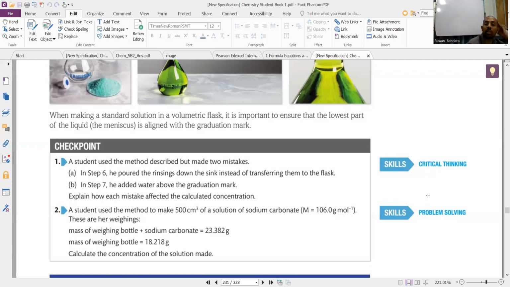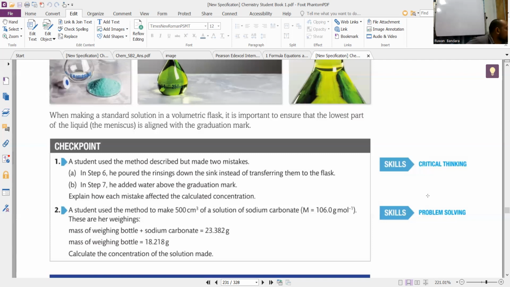What is the concentration of the solution made, based on these calculations? 0.2024 is given for sodium carbonate. M is what? 106, the molar mass.